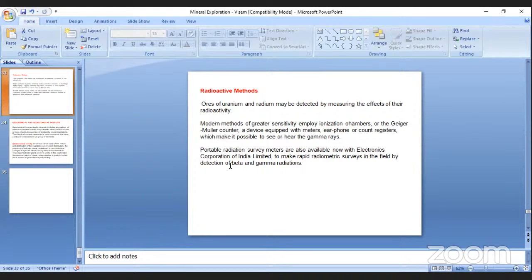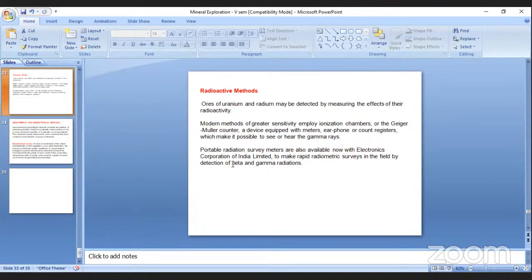One more is the portable gamma ray spectrometer. We use this portable gamma ray spectrometer in the field while walking, and physical observations are also needed. It has a gamma ray detector meter inside the box.